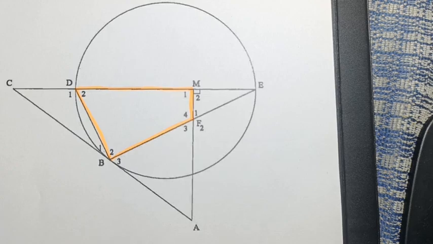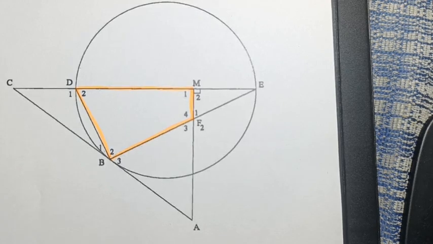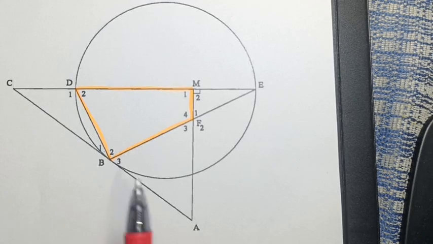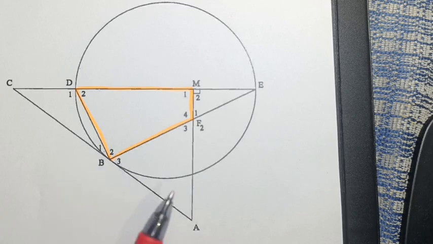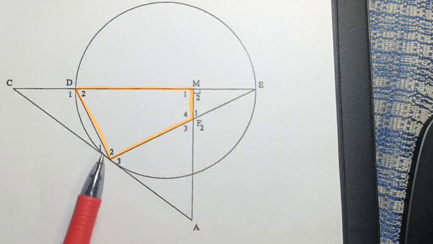angle of a cyclic quad. If you need to prove a cyclic quad, there are three ways: opposite angles of the cyclic quad add up to 180 degrees, or the exterior angle of a cyclic quad is equal to the opposite interior angle, or angles in the same segment are equal.